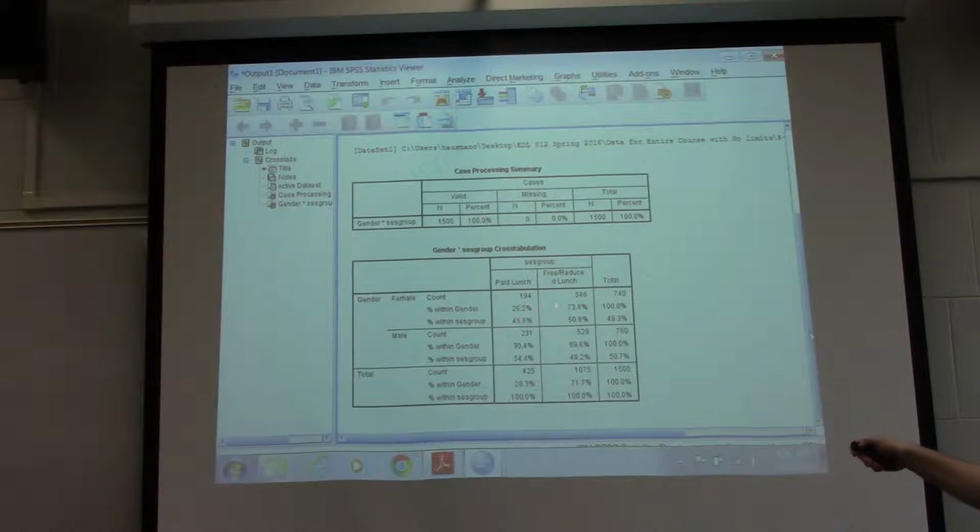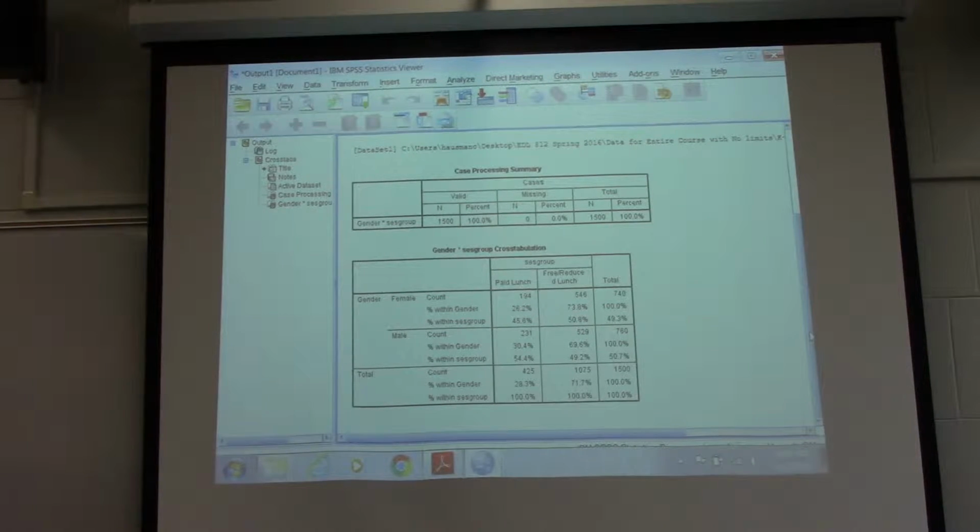So where do we get these numbers? There's a total of 740 females, 194 qualify for paid lunch, 194 divided by 740 equals 26.2%. 546, roughly 3/4, qualify for free reduced lunch.